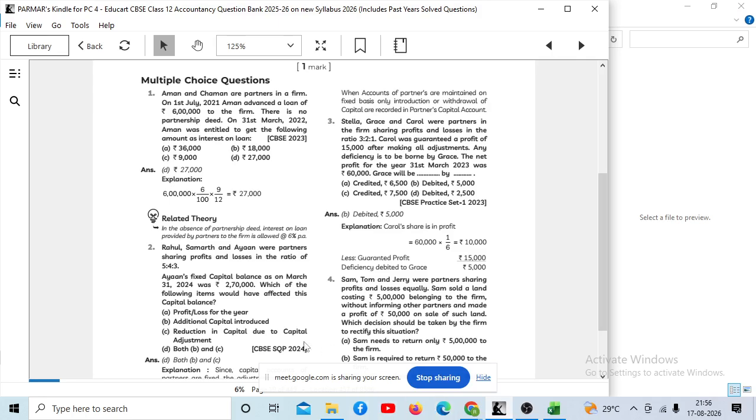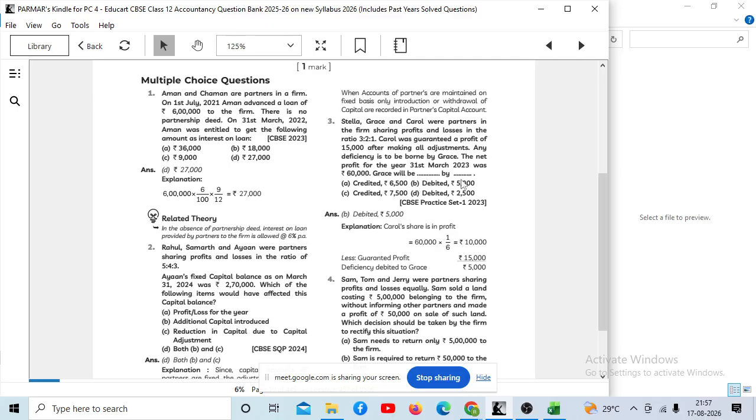The total profit is 60,000. 60,000 into 1 upon 6 will be how much? 10,000, right? And how much guarantee is given? 15,000. So what is the shortage? 5,000. That 5,000 will be borne by Grace because only one partner is giving the guarantee, right?